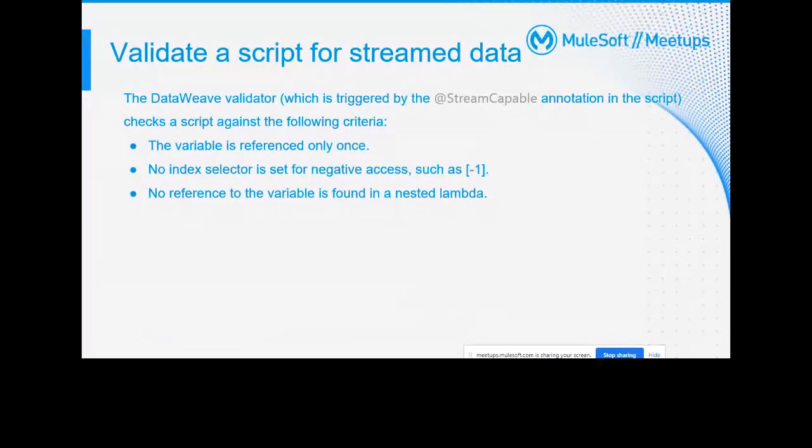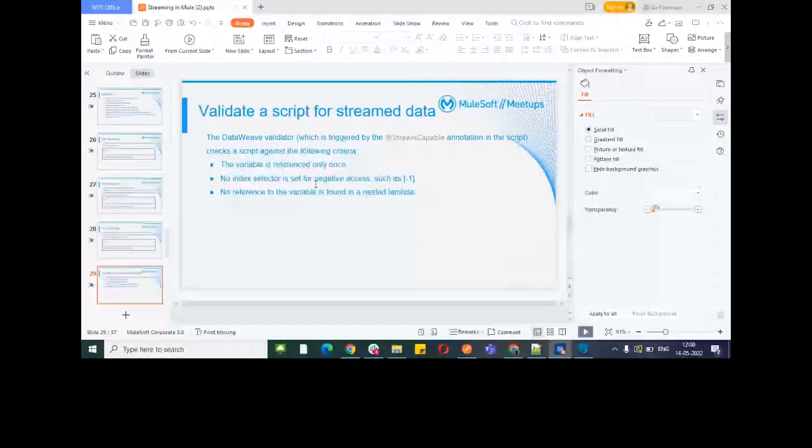Okay, it means these are the three conditions that stream capable checks. If any one condition fails, you can't stream the data. Stream capable is very strict while checking the streaming. So let's verify each condition.